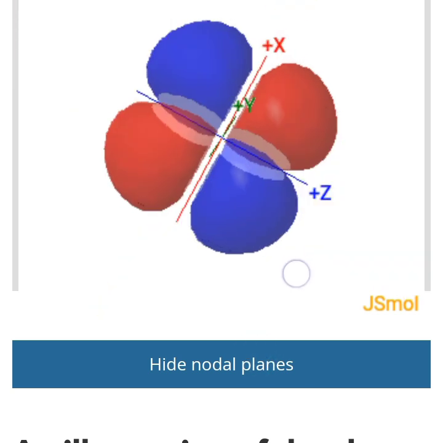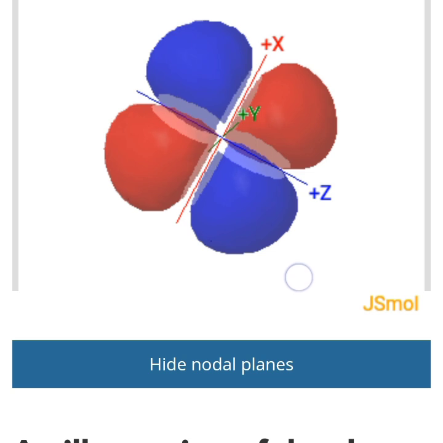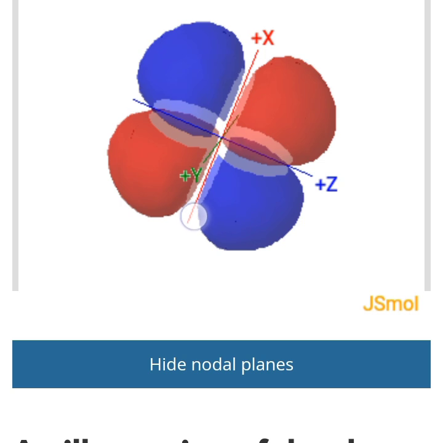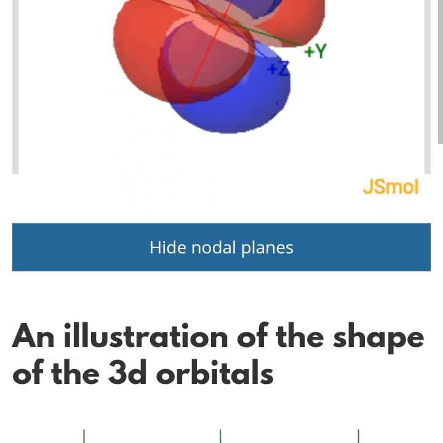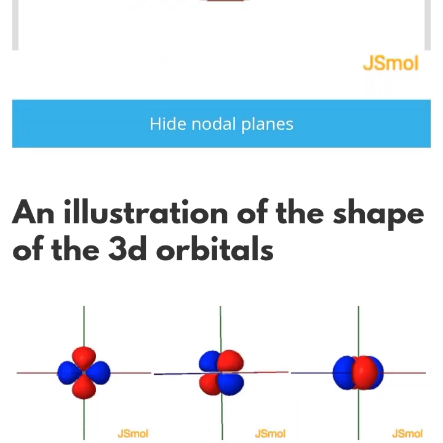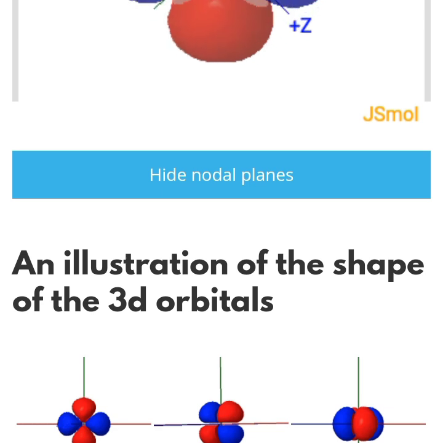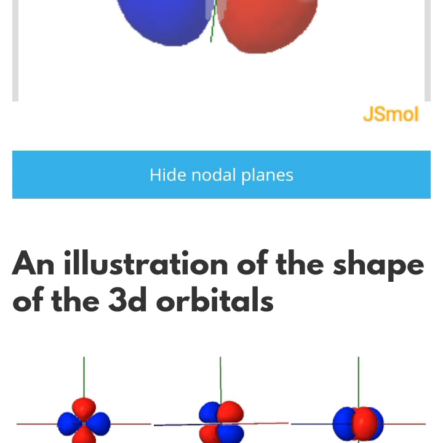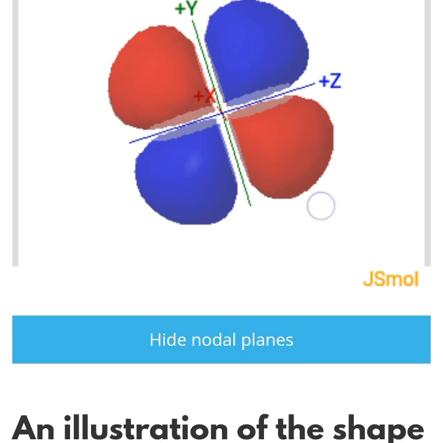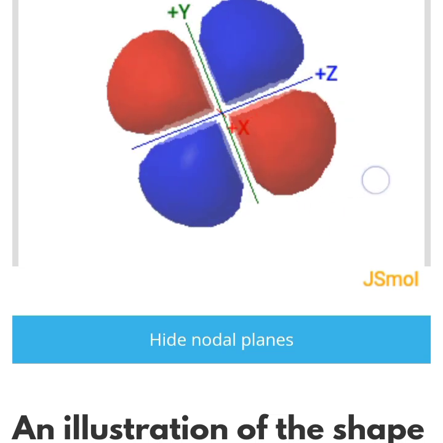So this is called the dxz orbital. The number of nodal planes here is also 2. So this is dxz. Now dyz. Seen this, this is yz, because the lobes are present in the region of the y and z axes. So this is the dyz orbital.